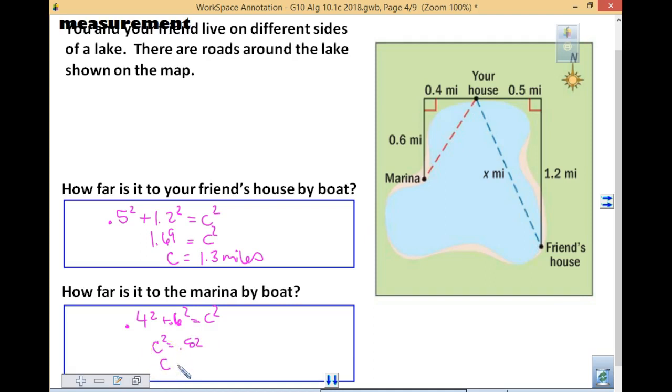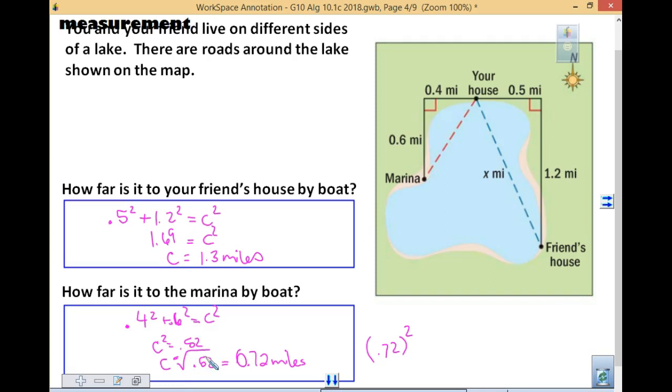So c is equal to the square root of 0.52, which comes out to equal, Mallory, what'd you get? 0.72. And so that doesn't make sense, that this should be less than the square root of that? Well, if you check it, 0.72 times 0.72, you put that in your calculator and square it, it does give you 0.52. It's kind of like 7 squared is 49, so it's a little over 7 squared.